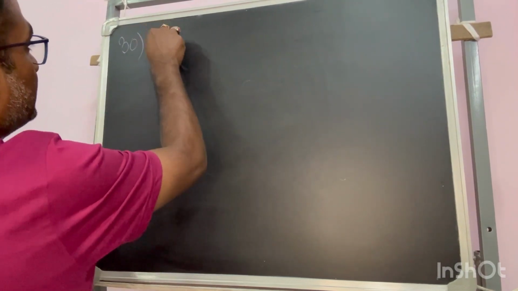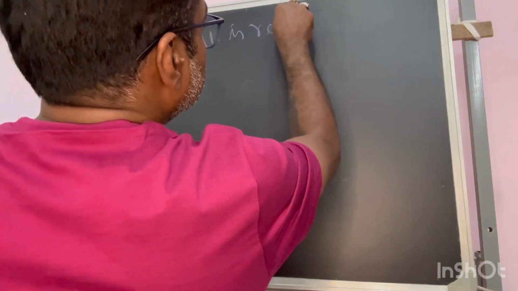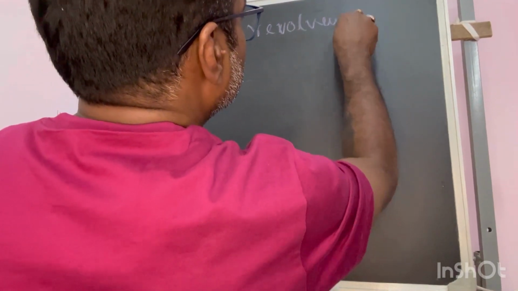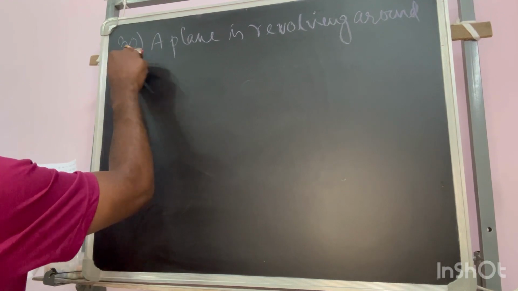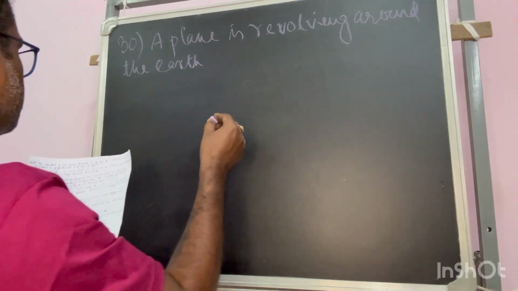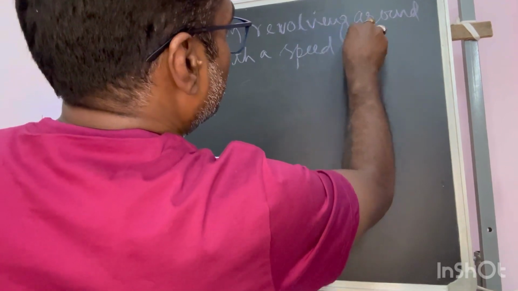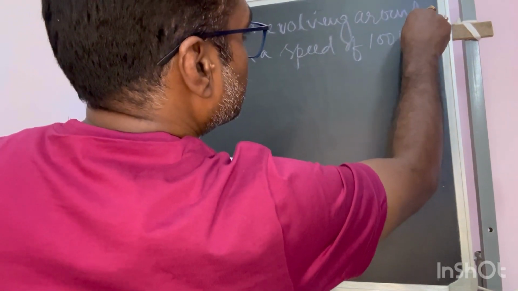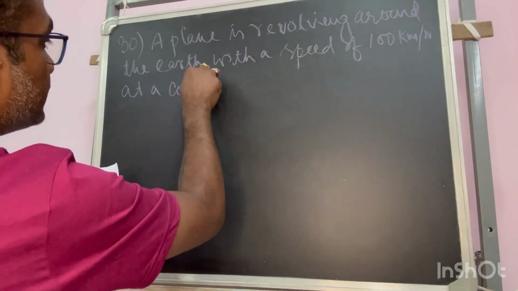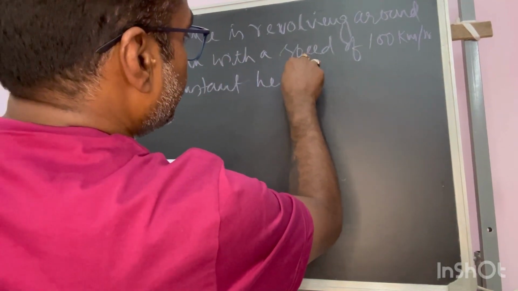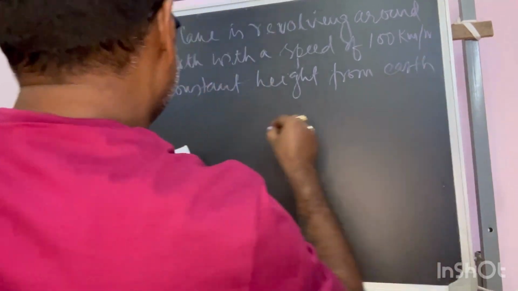Problem number 30 says a plane is revolving around the earth with a speed of 100 kilometer per hour, at a constant height from Earth's surface.